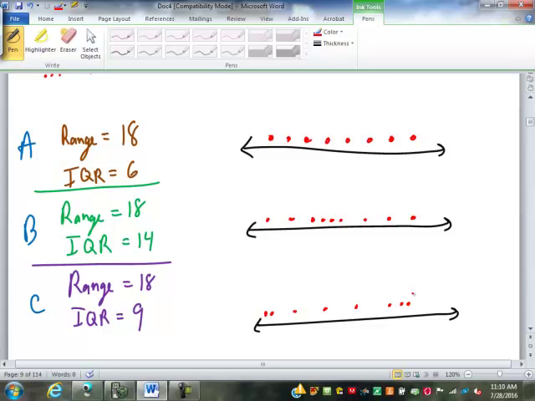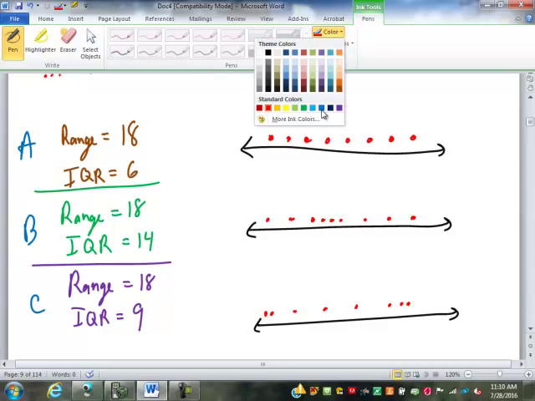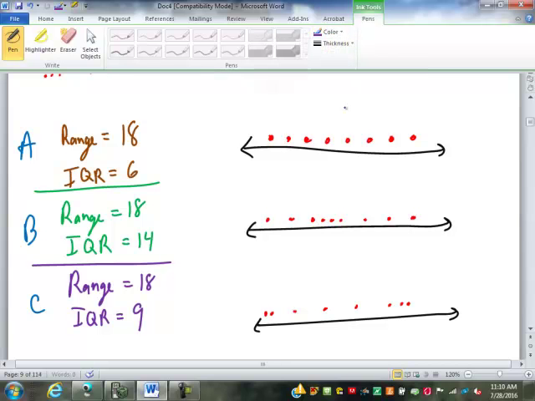So there, I've got all three sets of data graphed. One of these has an interquartile range that's exactly half the range. This top one, you say is C. Yeah, if the interquartile range is exactly half the range, the points should be almost exactly evenly spread out.